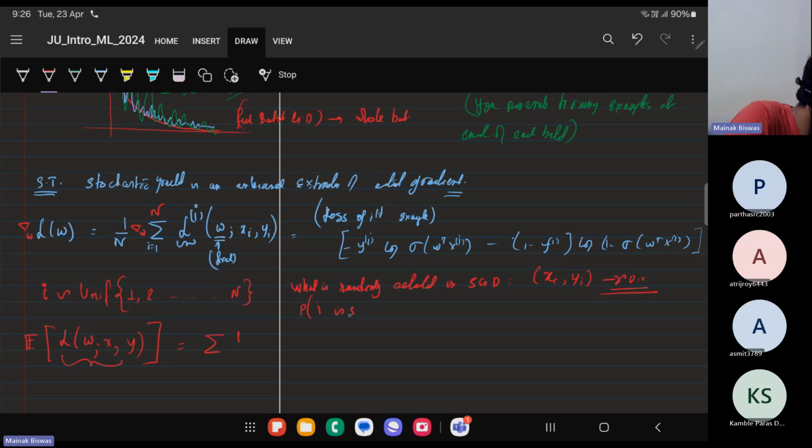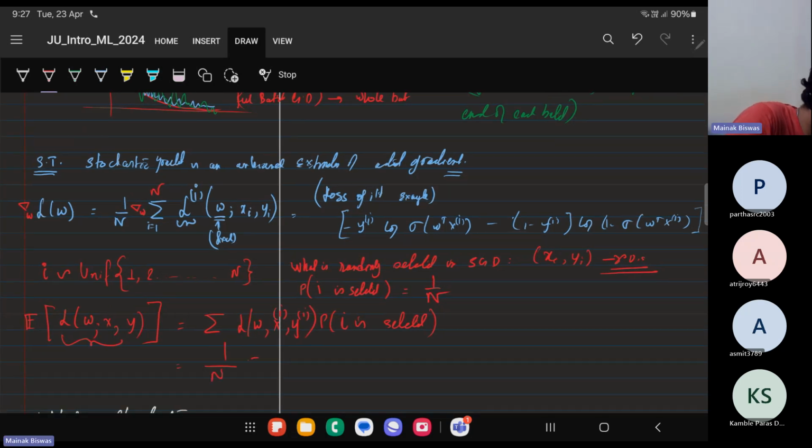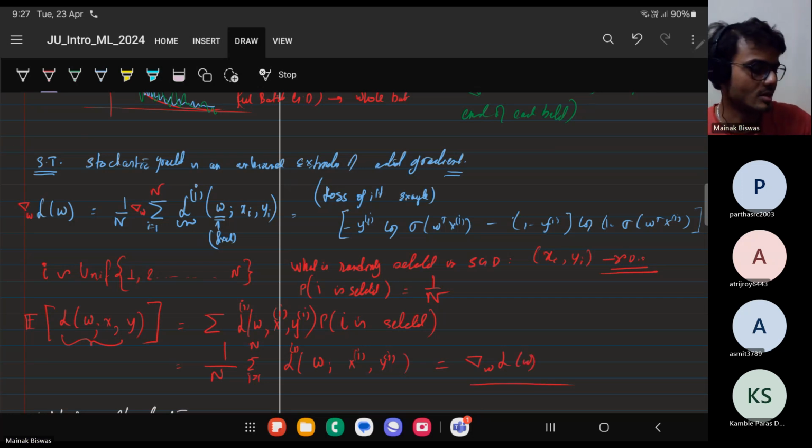It is 1/n. So by the law of the unconscious statistician (LOTUS), the expectation is the sum over i of the probability that i is selected times the loss of w, x_i, y_i. This is equal to 1/n times the summation from 1 to n of the loss, which is nothing but the gradient with respect to w of L. Clear?